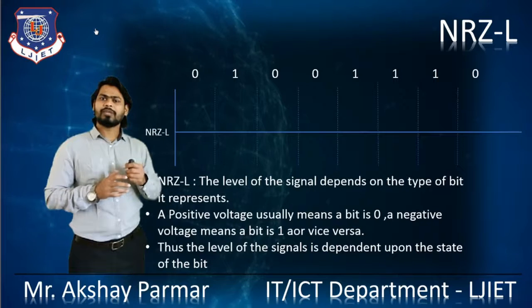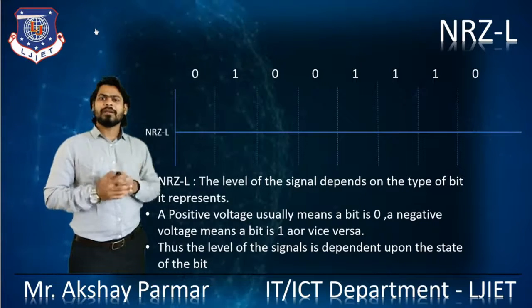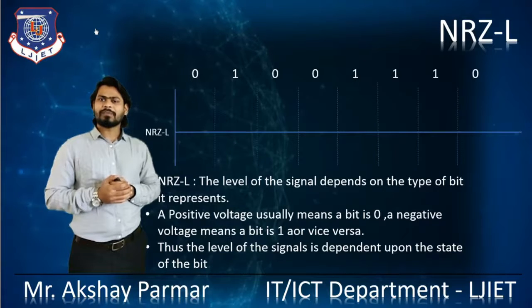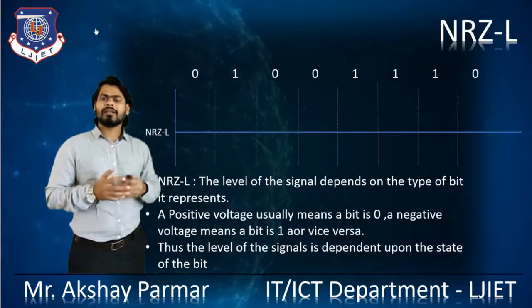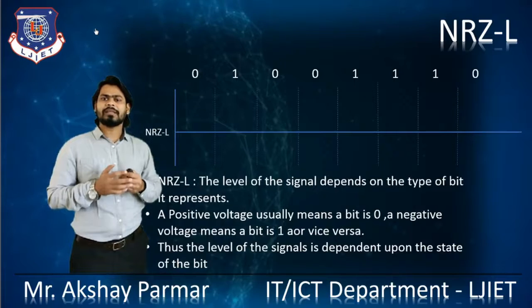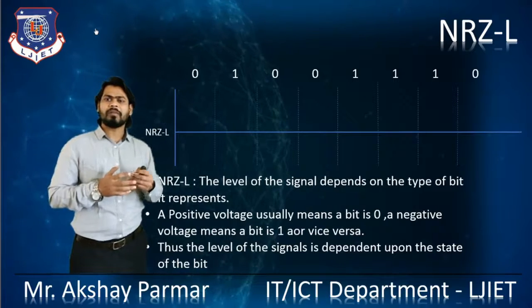A positive voltage usually means bit 0 and a negative voltage means bit 1, or it can be vice versa. Thus the level of the signal depends upon the state of the bit.